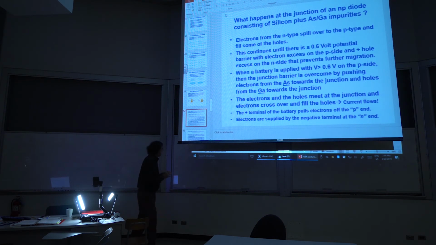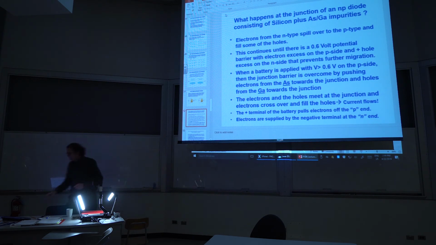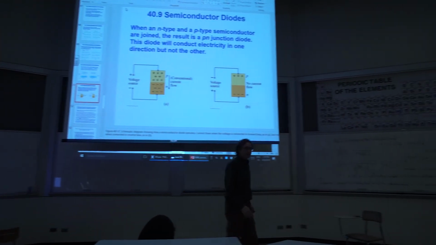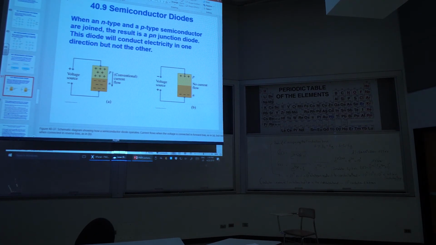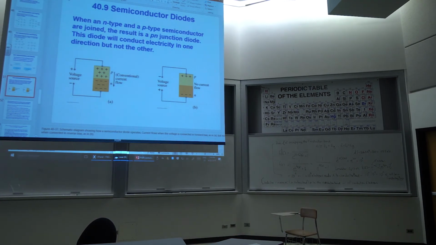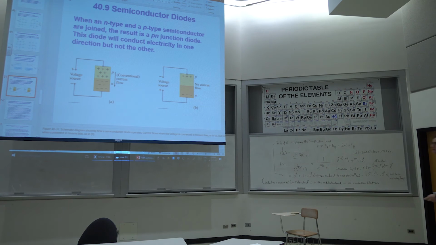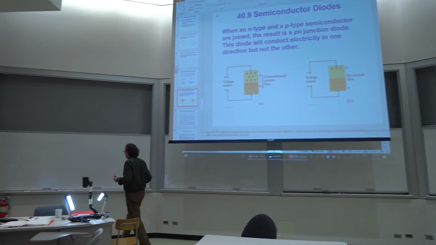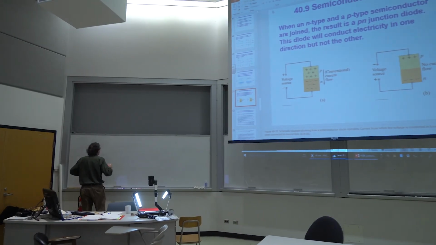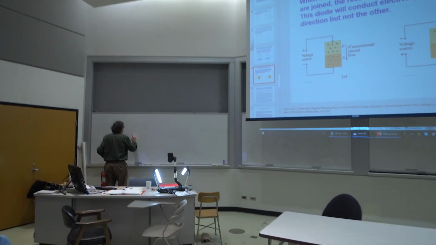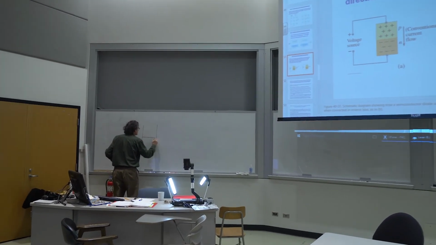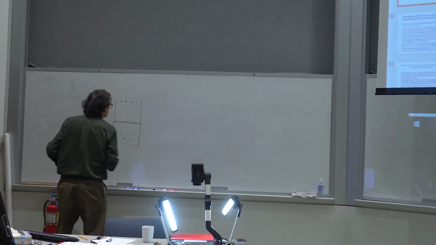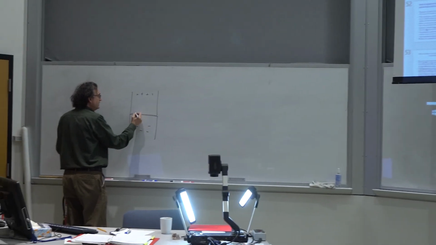So in other words, if I go back to the earlier slide, when these two semiconductors are joined together, here's the junction. This up here is the p-type, and this is the n-type. But at the junction, the electrons from the n-type go and fill in the holes.